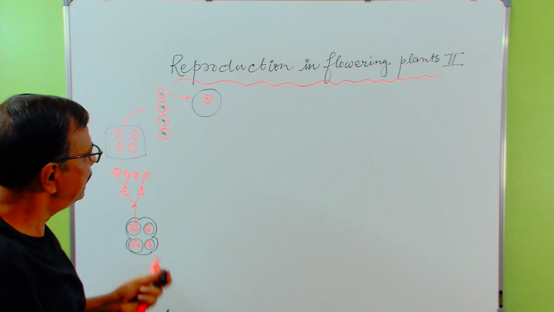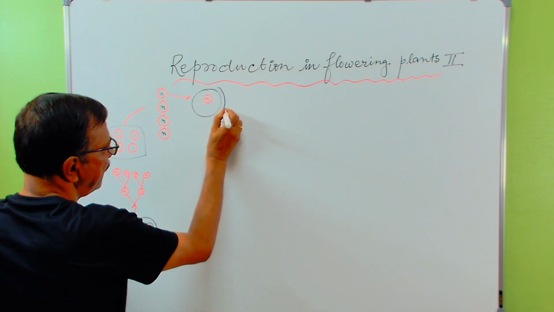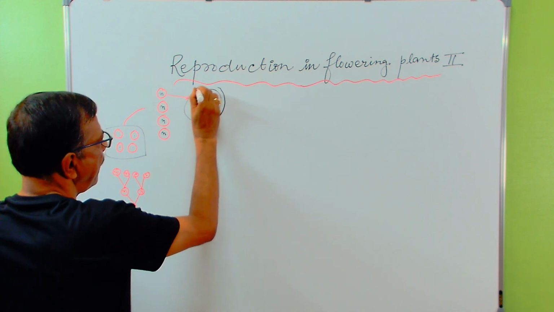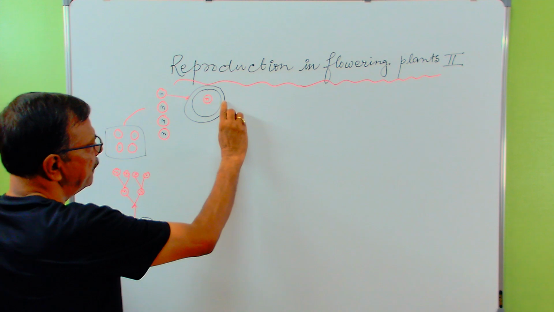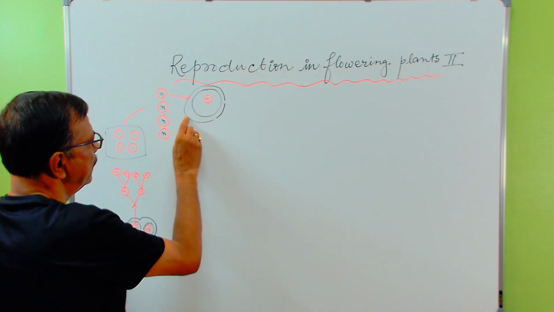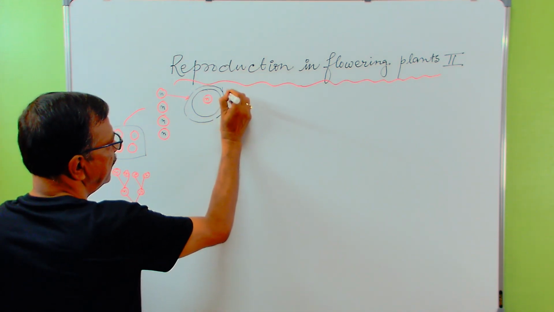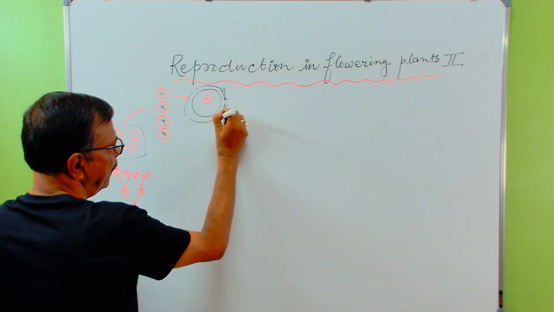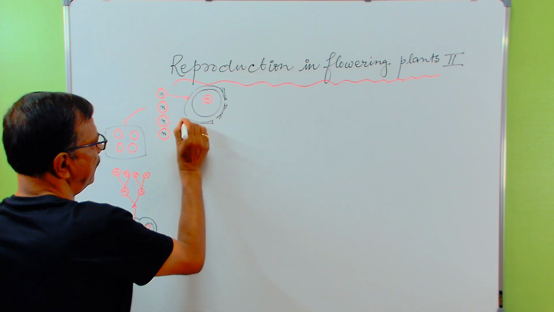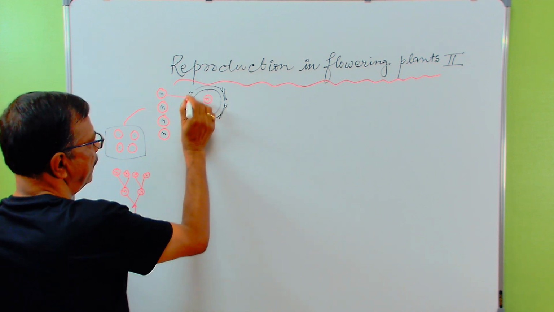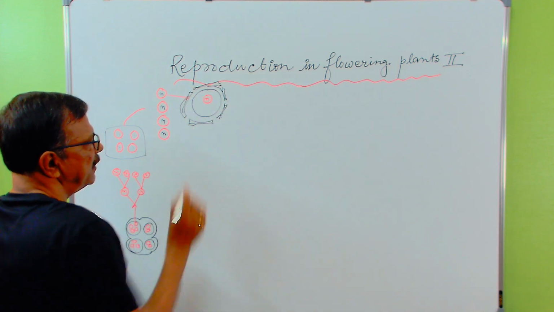Pollen grains have 2 layers. The outer layer is like this, a thick one, and this is the inner one.